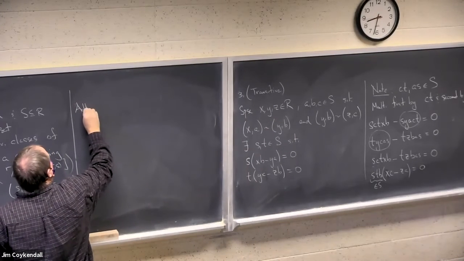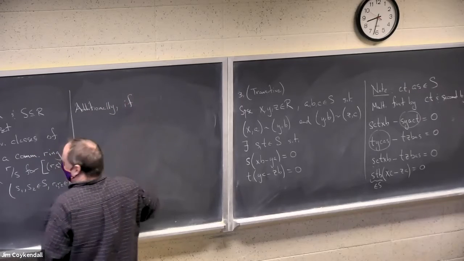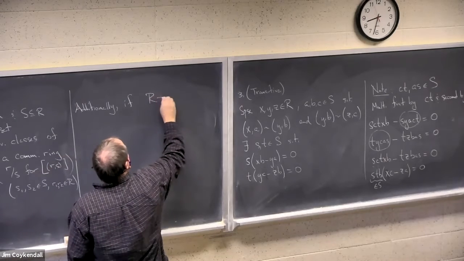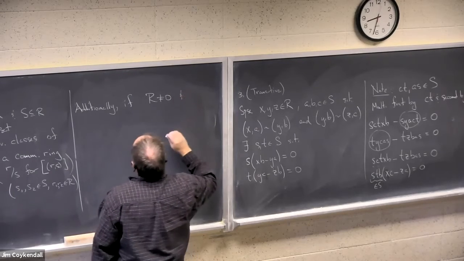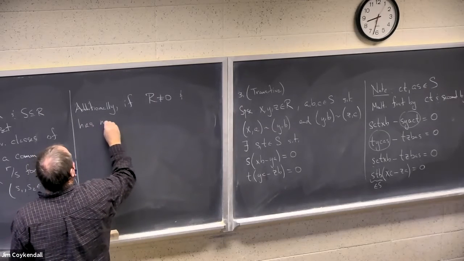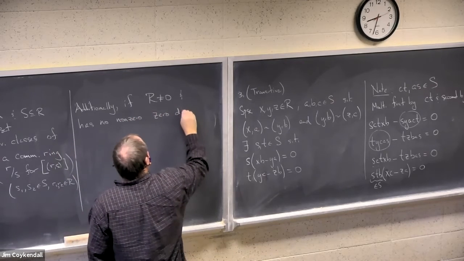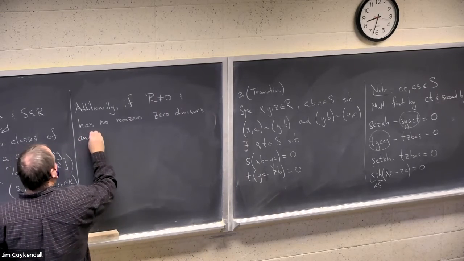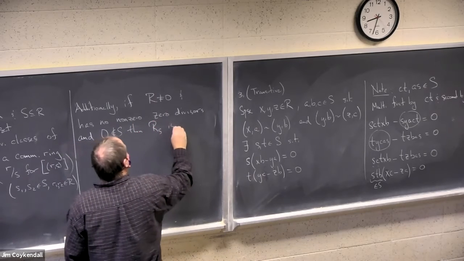Additionally, suppose R is not the zero ring. Otherwise, it's silly. If R is not the zero ring, and also has no non-zero zero divisors, and zero is not in S, then R_S is an integral domain.